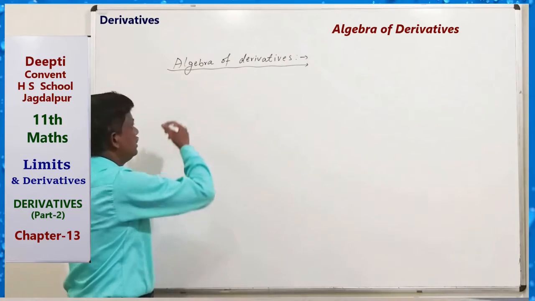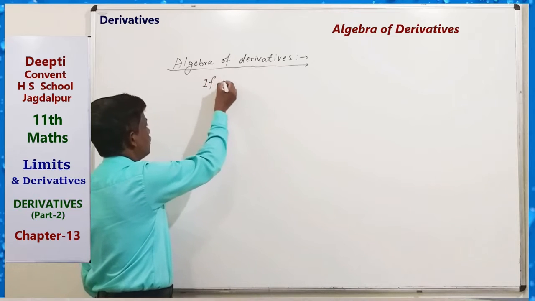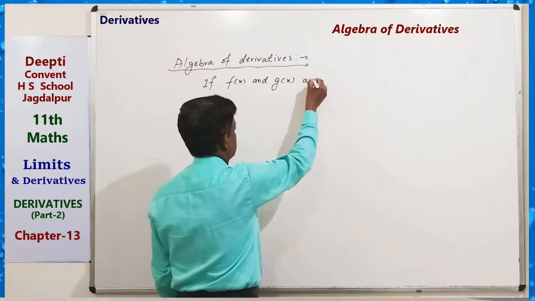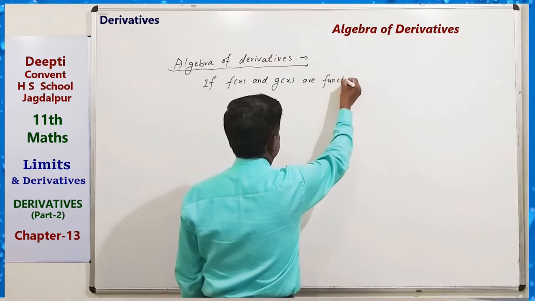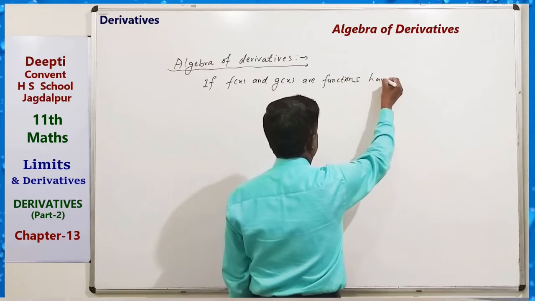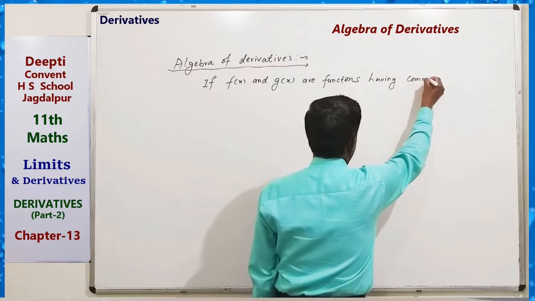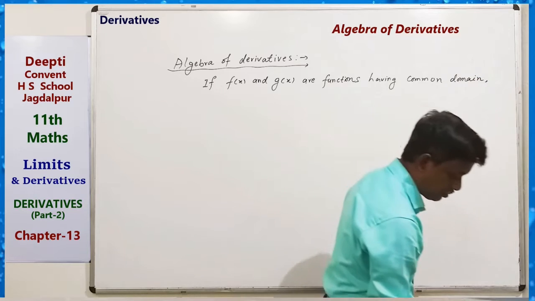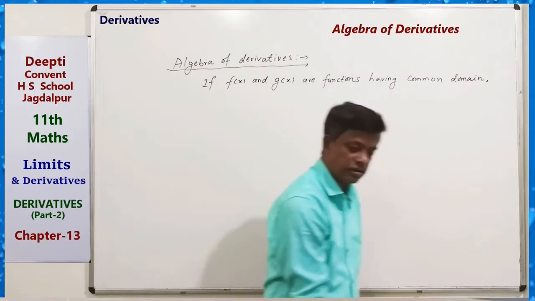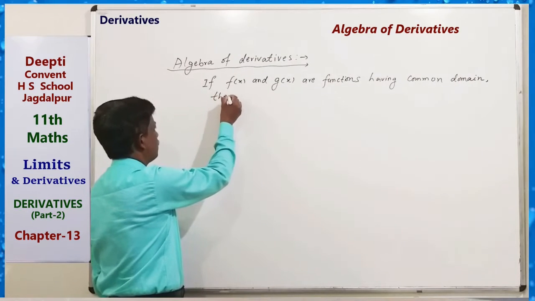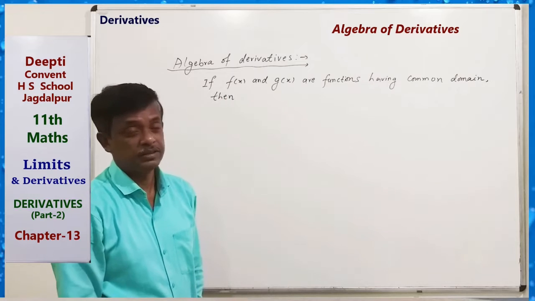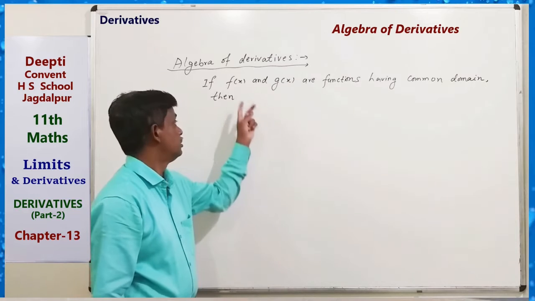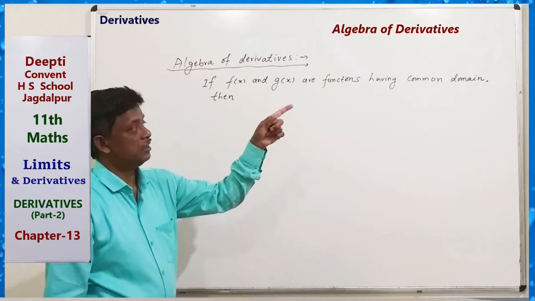Okay, so here, if f(x) and g(x) are functions having a common domain, then, because we have to find the limit of the expression involving f(x) and g(x), they should be defined in a common domain.